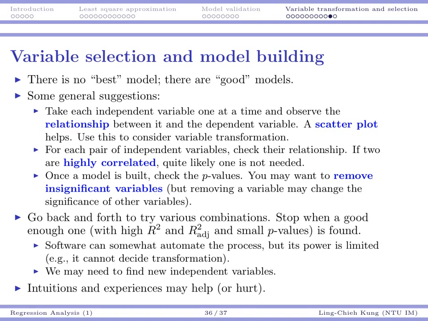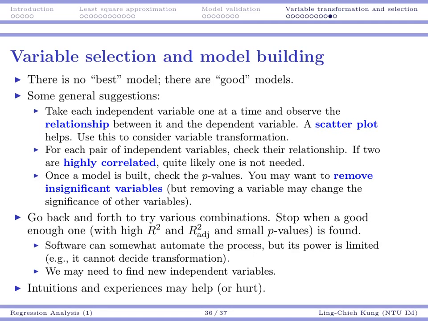First, for each independent variable, you would take each of them one at a time and observe the relationship between it and the dependent variable. A scatter plot typically helps, and use that to consider, first, whether you want to include that variable, and second, whether you want to do variable transformation.